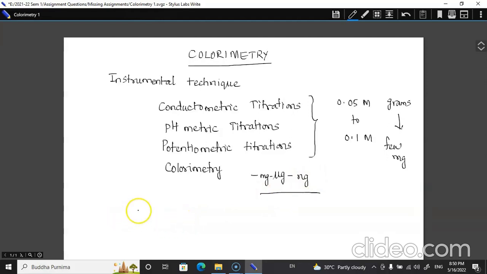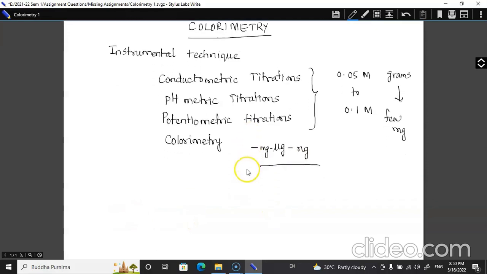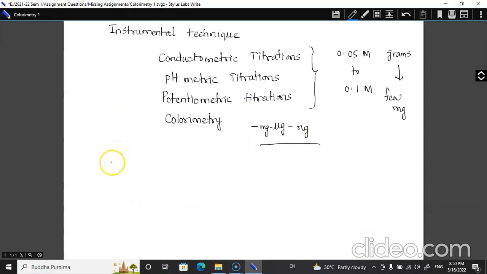So what is this actual colorimetry? If I try to divide the word, it is color and metry. Metry means measurement.